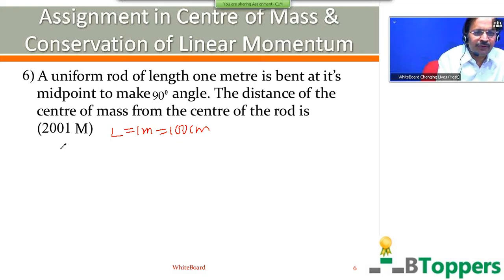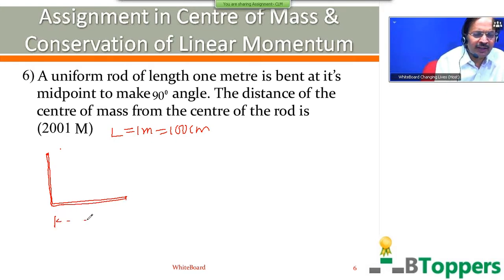It is a uniform rod, therefore you may assume that the two parts of the rod will have same mass. We can consider the rod to be equivalent to two masses, that is, one part of the rod each.